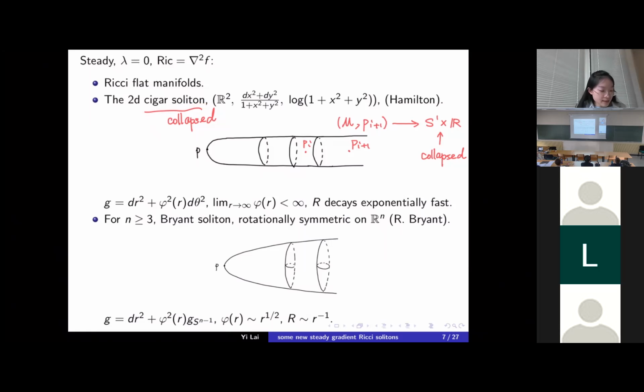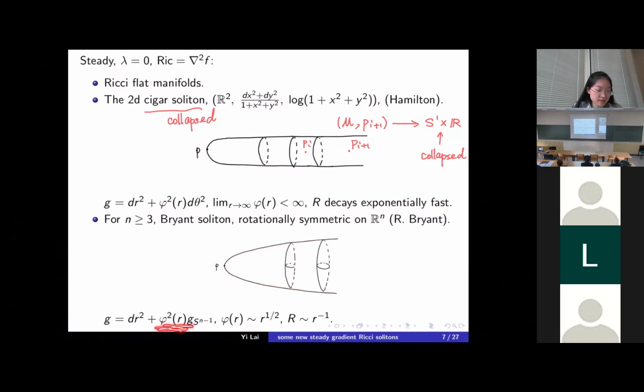And then next, for higher dimensions, the cigar soliton can be generalized to another class, which is also rotationally symmetric, defined on Rn, and these are called the Bryant soliton. So here's a picture for the Bryant soliton. It is rotationally symmetric around the critical point, but it opens up much faster than the cigar soliton.